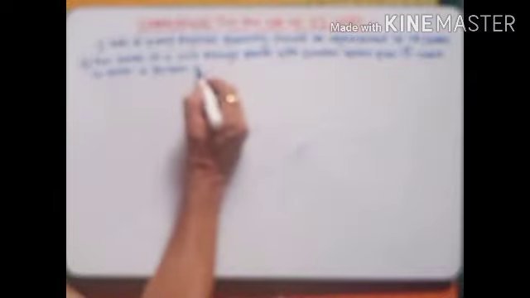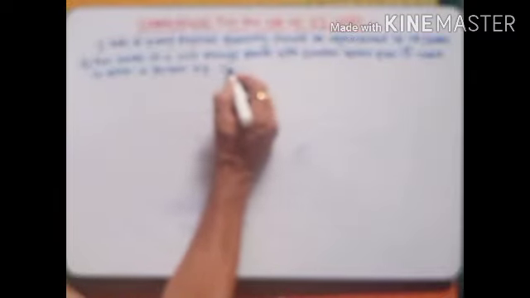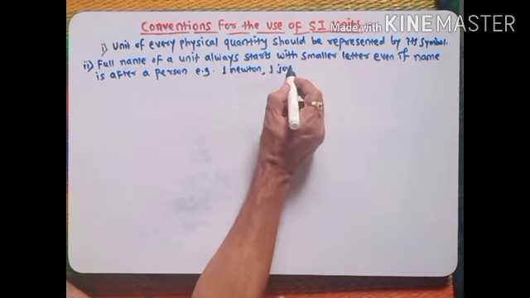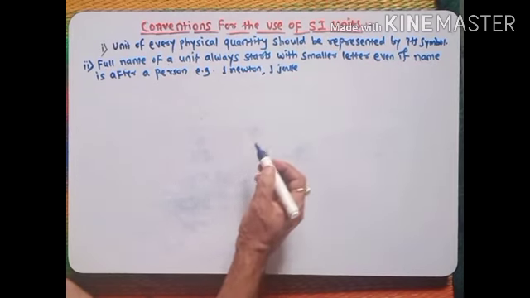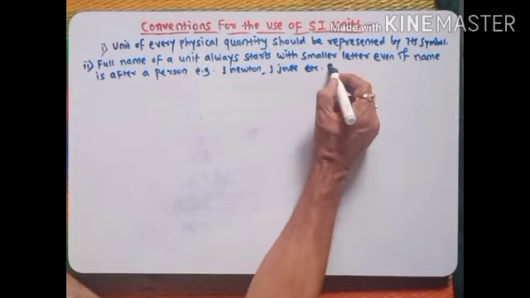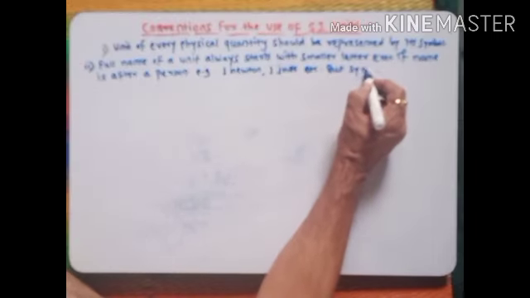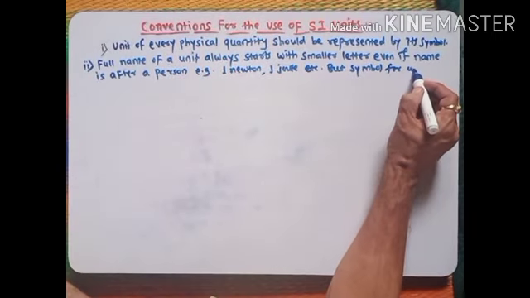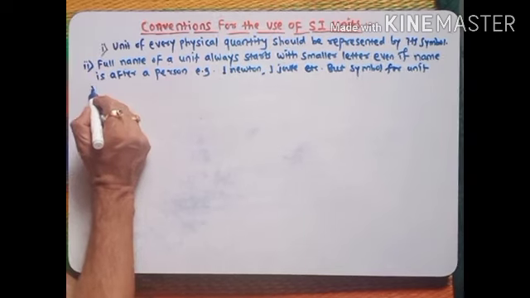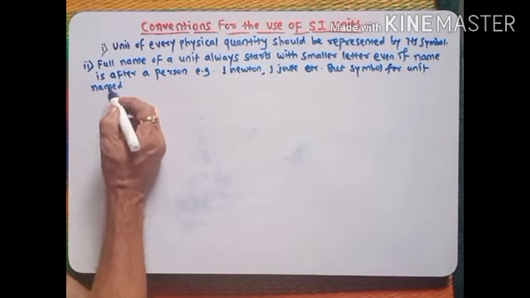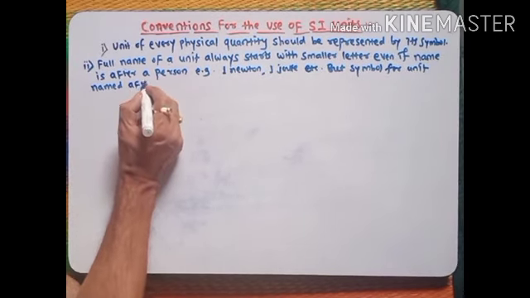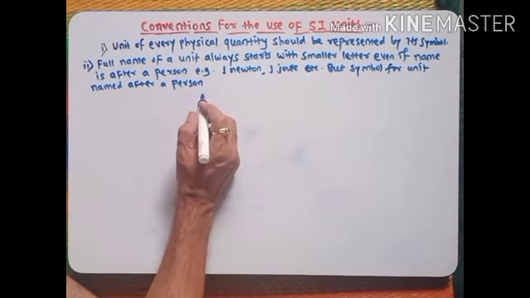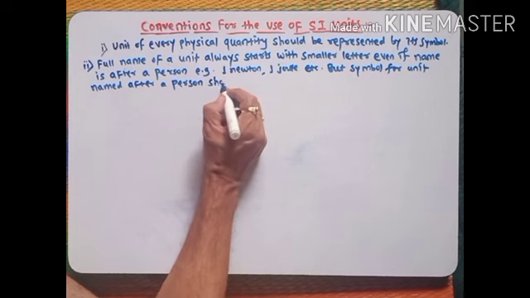For example, 1 newton, 1 joule, etc. But the symbol for a unit named after a person should be in capital letters.